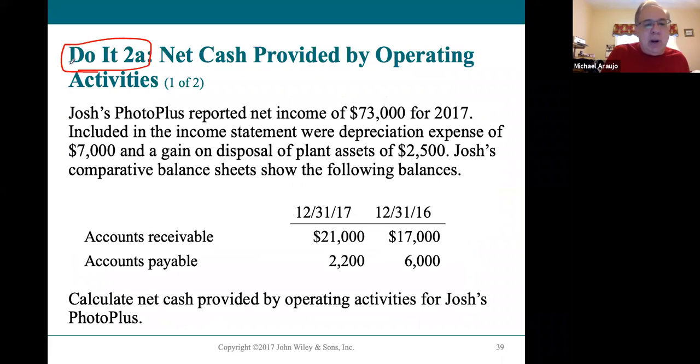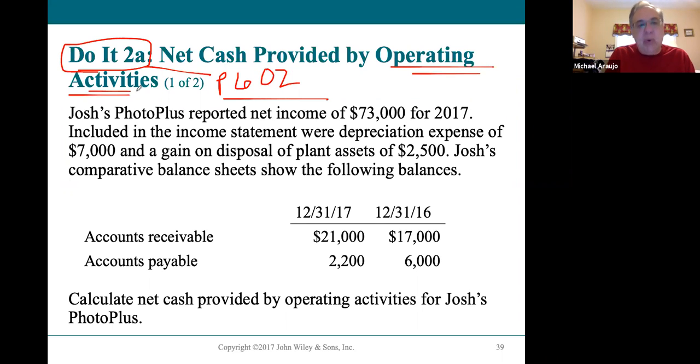So if you are on page 602, this is the information at the bottom of page 602 in your book. It's Do It exercise 2A, which only looks at operating activities. It doesn't look at the other two because the other two are quite easy.